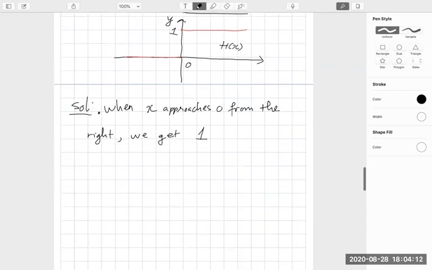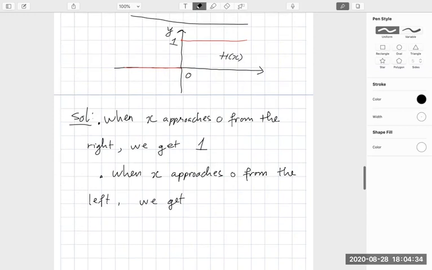Similarly, when x approaches 0 from the left, we get, is it from the left? What is it? Go here, boom, 0.